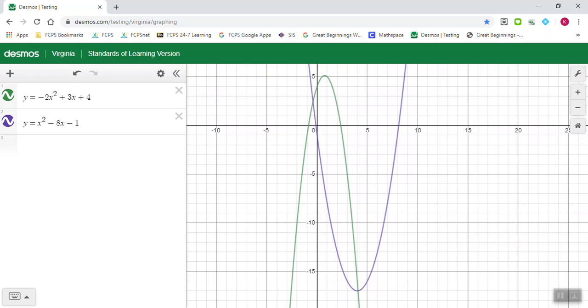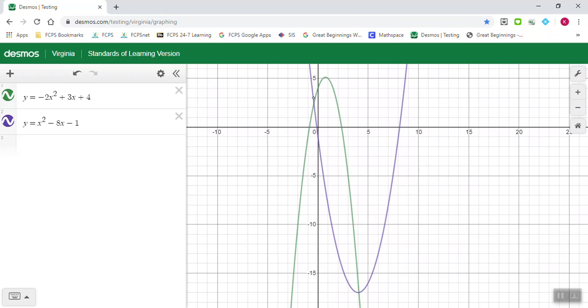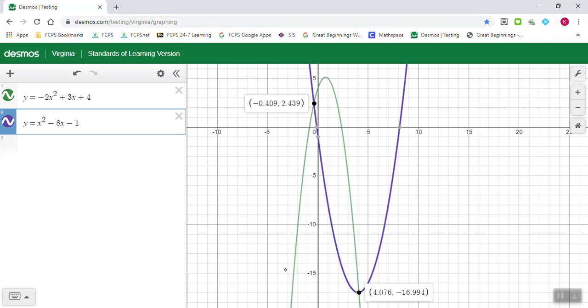I'm just going to zoom in. Here we have two solutions because they intersect in two places. So the first intersection is a decimal, negative 0.409, comma 2.439. And our second intersection is at 4.076, comma negative 16.994.